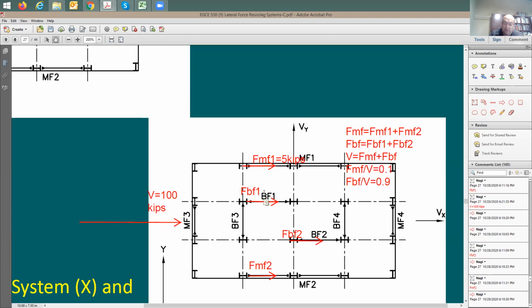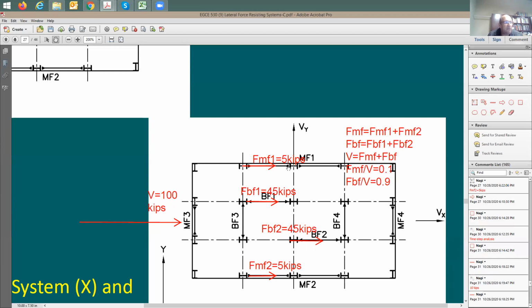If B1 equals 45 kips, and B2, how much did we say? 45 kips. If M2 equals 5 kips. Great, a total of 100, so it makes sense.